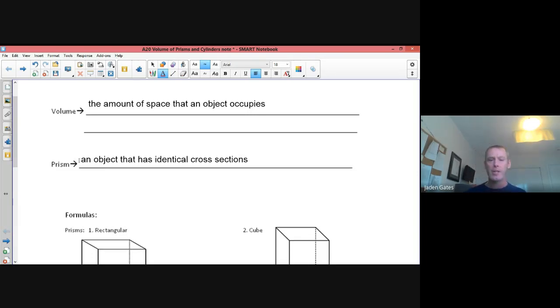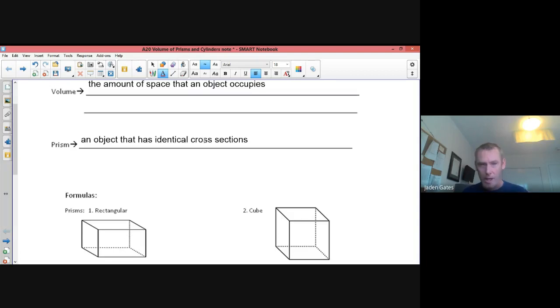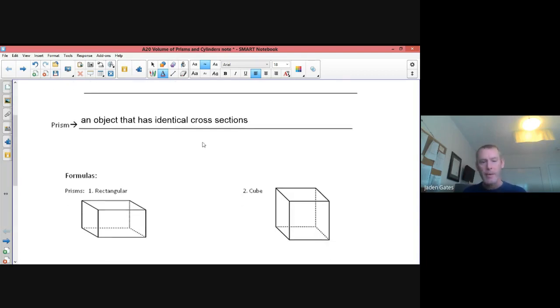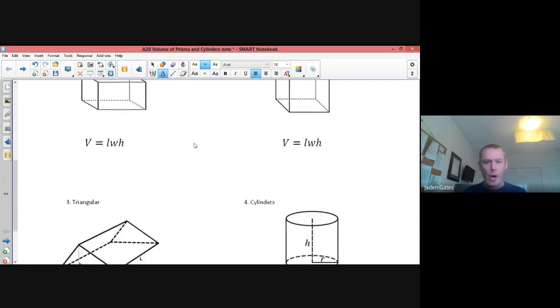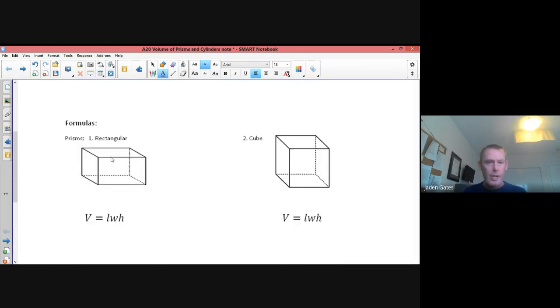What that means is that it's like a loaf of bread, a perfect loaf of bread. If you were to slice it a particular way, all those cross sections, slices of bread, would be the same. So if you look at our 4 objects, a rectangular prism, you could slice it any which way, or go left to right, and they would all be identical.